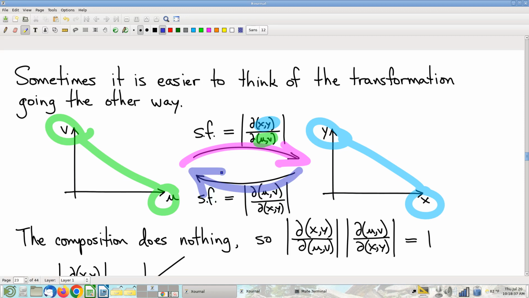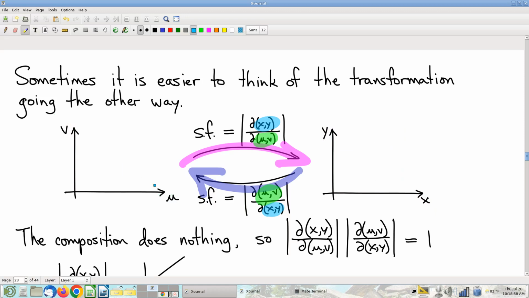X and y are the input values. And so same formula for your stretching factor. Partials of the output variables, u and v are now the output variables, with respect to the input variables, x and y are now the input variables. Right?